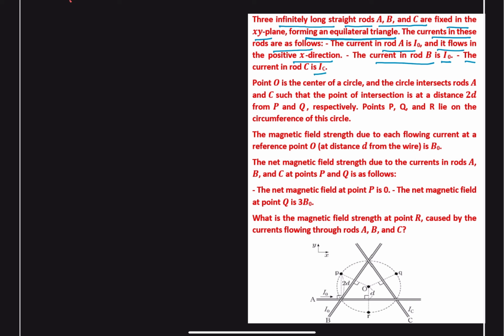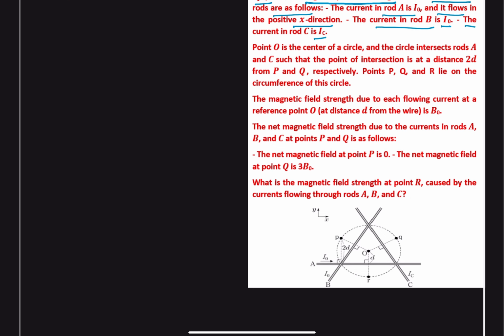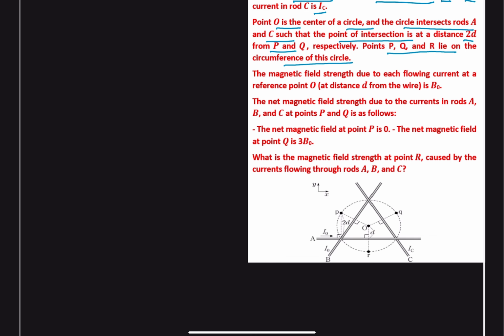Point O is the center of the circle, and the circle intersects rods A and C such that the point of intersection is at a distance 2d from P and Q respectively. Points P, Q, and R lie on the circumference of the circle. The magnetic field strength due to each flowing current at the reference point O, at a distance d from the wire, is B0.